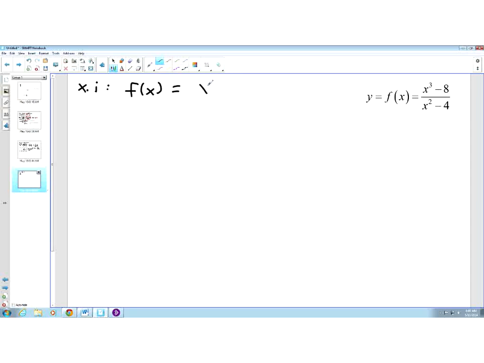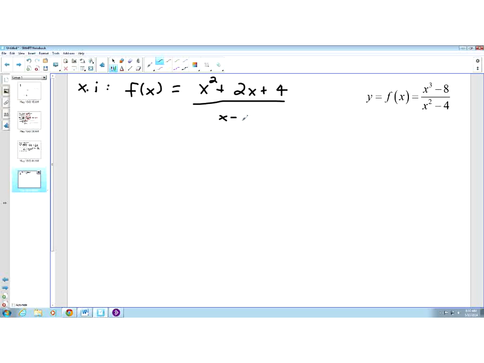So f of x is equal to x squared plus 2x plus 4 divided by x plus 2.